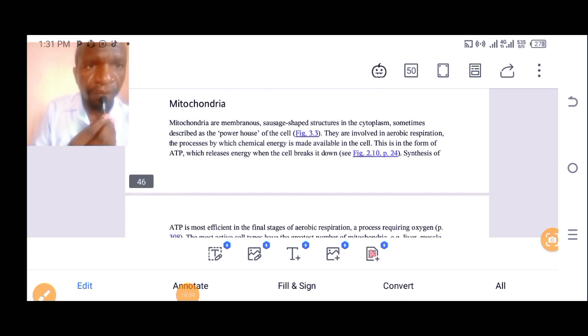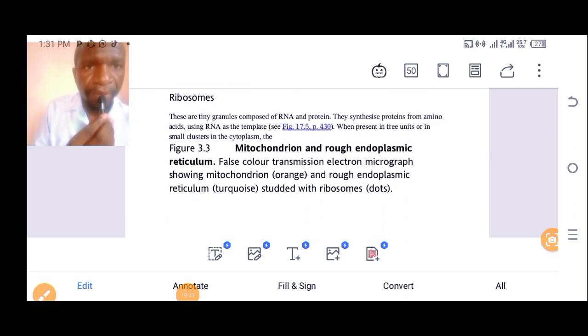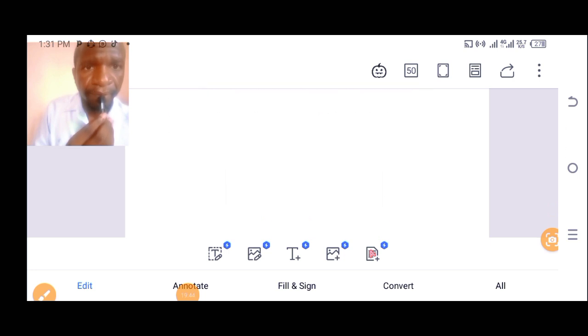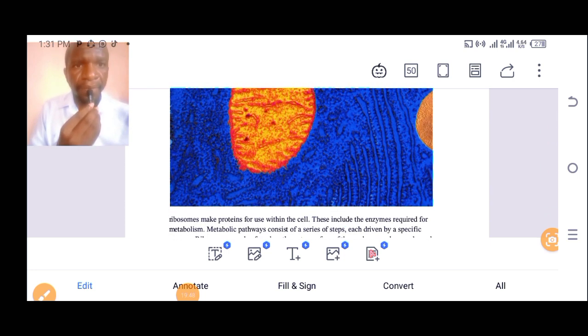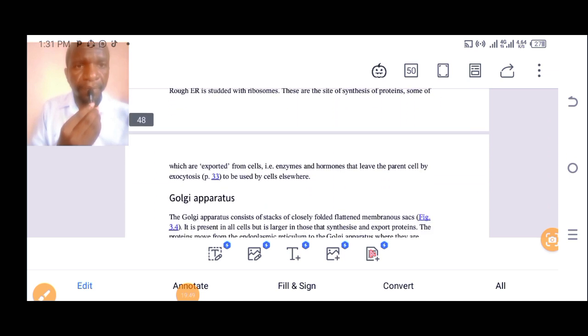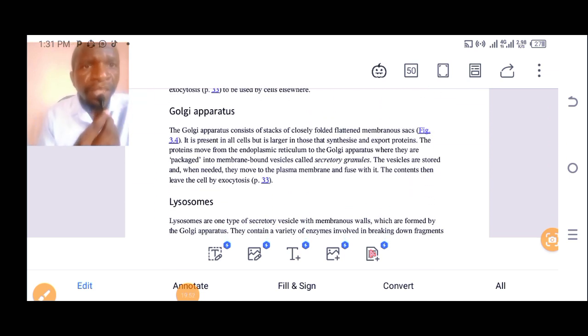So what is the function of the Golgi apparatus? The Golgi apparatus consists of stacks of loosely folded, flattened membranous sacs. That one is just a description of structure.